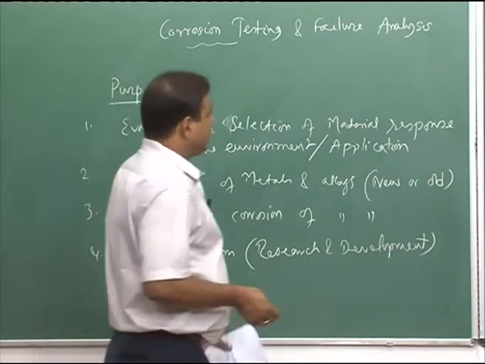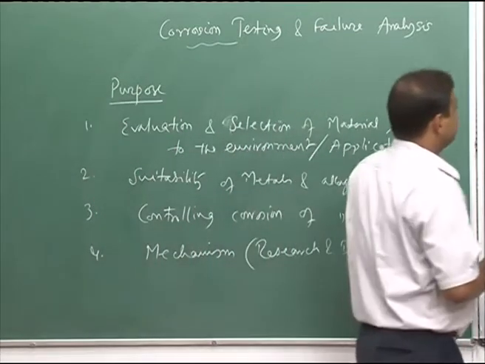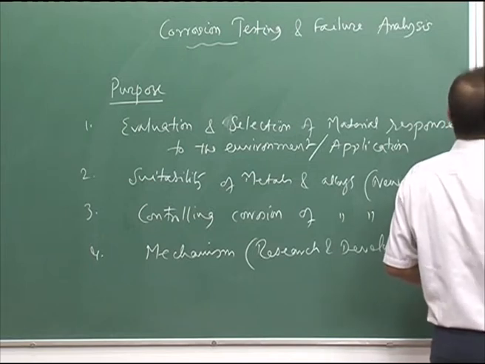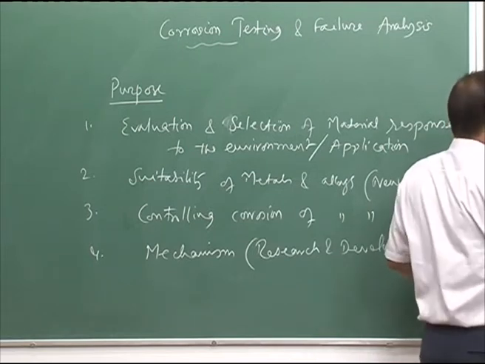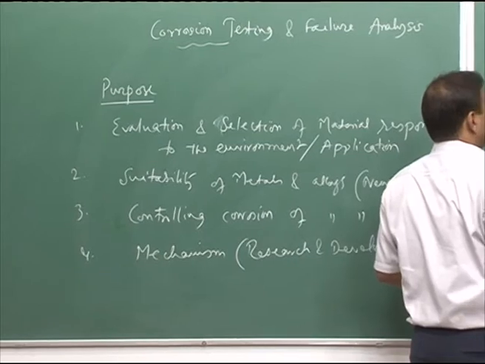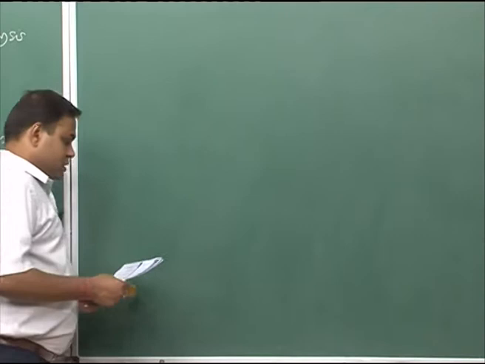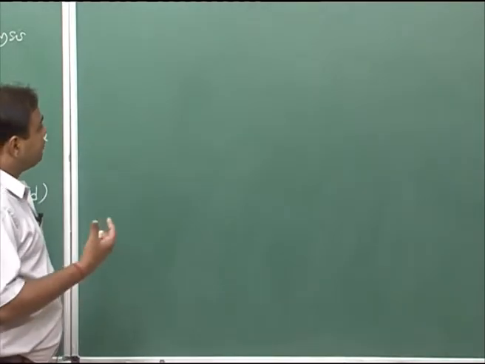Now, how many ways can we do corrosion testing? Actually, we need to know what the rate is first. The thing that comes into our mind is the corrosion rate measurement, and we can do it in different ways.